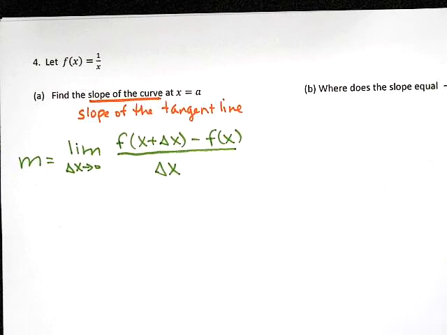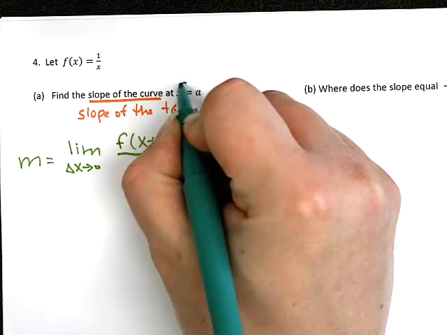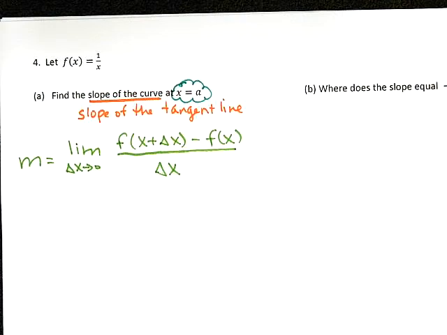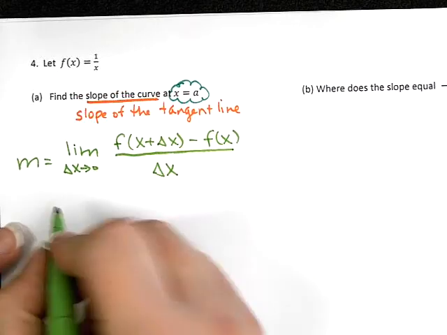Now what we need to do is figure out what we need to plug in, right? So we are looking at the slope where x equals a. So anywhere that I see an x, I want to now put in this a instead. So everything else stays the same.